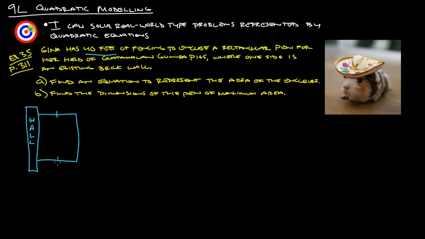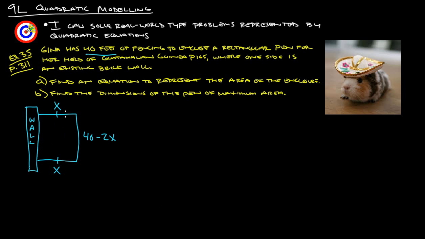We know that if we're doing a rectangle, these 2 sides are the same. So let's call these sides x. We start with 40 feet of fencing, and then we've used 2x for these 2 sides.